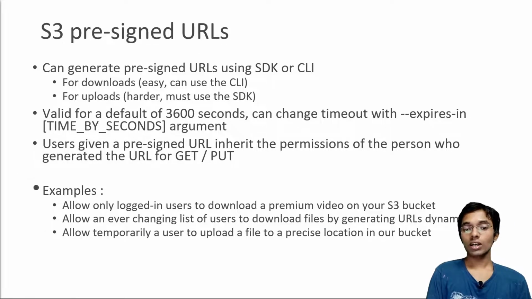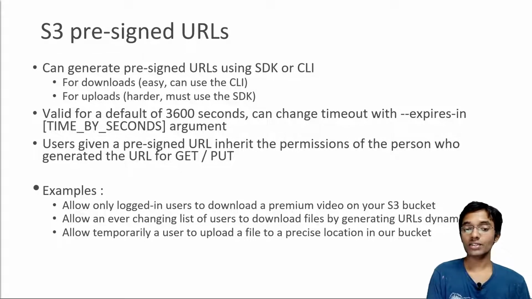Now, pre-signed URLs. What are those, and when do we use them? You can generate pre-signed URLs using the SDK or the CLI, for downloads or for uploads. They are both valid. The idea is that you sign these URLs with your IAM credentials, and so whoever has the pre-signed URL has the exact same rights that your IAM credentials were given.